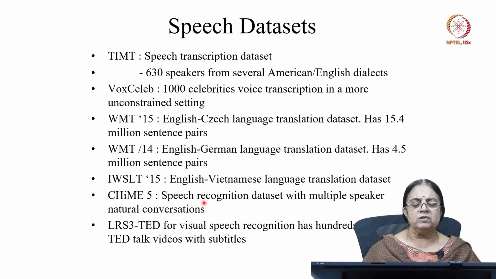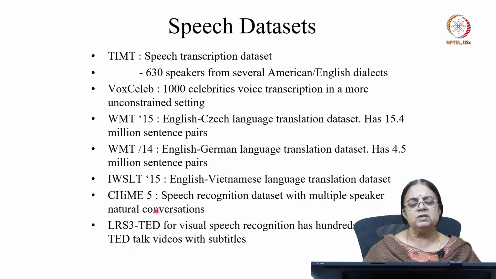Then you have a speech recognition data set with multiple speakers. So speaker recognition is one thing that you could work on. Then this one is for visual speech recognition, with hundreds of hours of TED Talk videos.